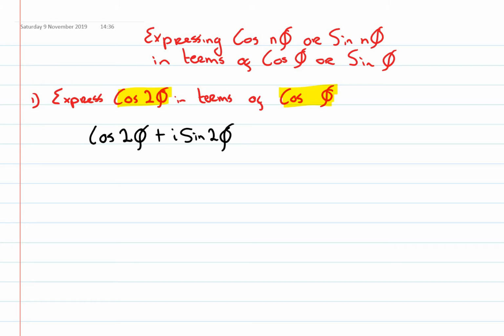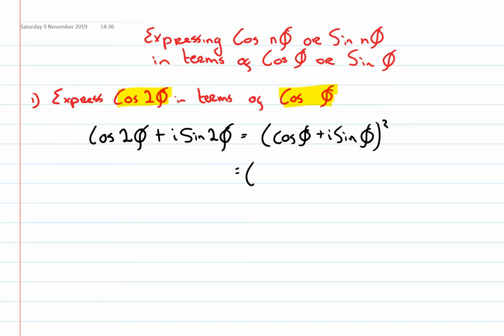Likewise, if I was asked about sine some number theta, I would write in the cos equivalent. Now, based on de Moivre's theorem, I can say that's cos theta plus I sine theta, squared. If you know de Moivre's theorem, you'll know exactly what I'm talking about there.